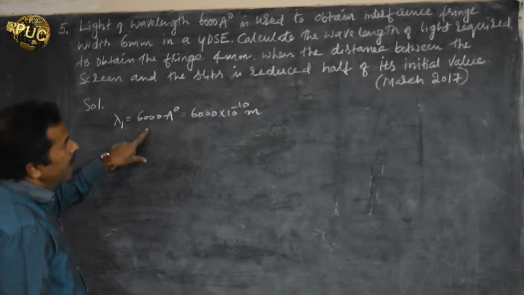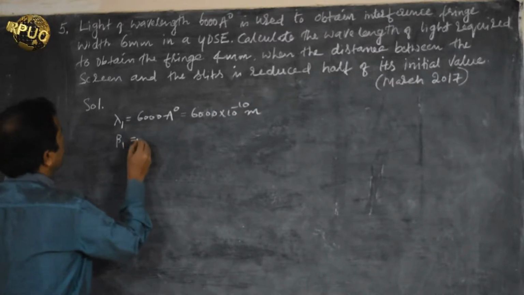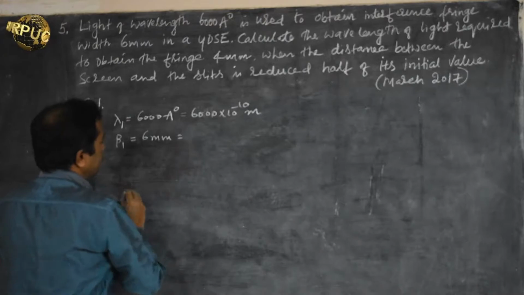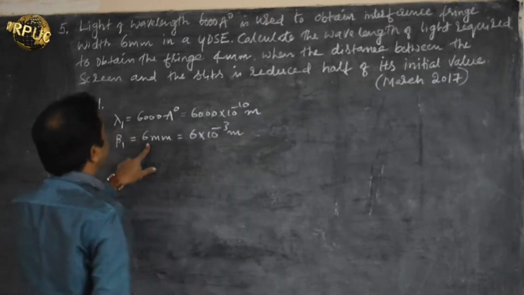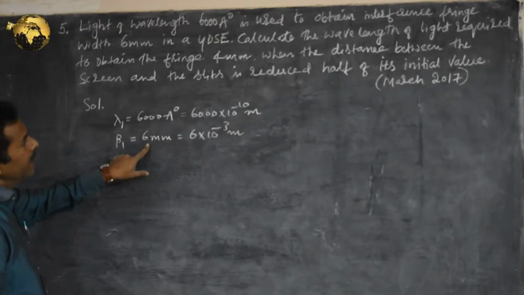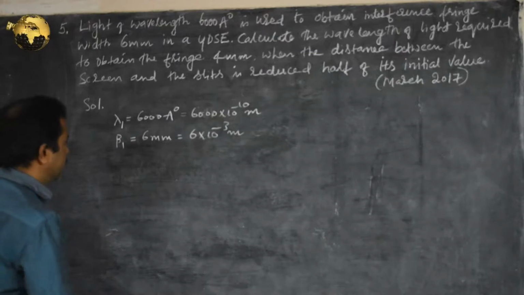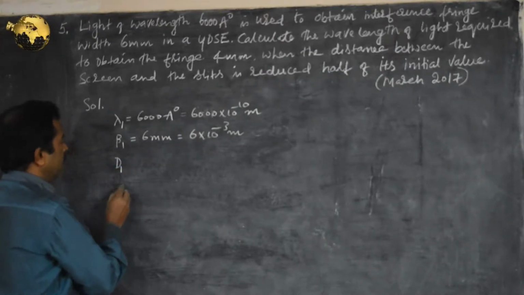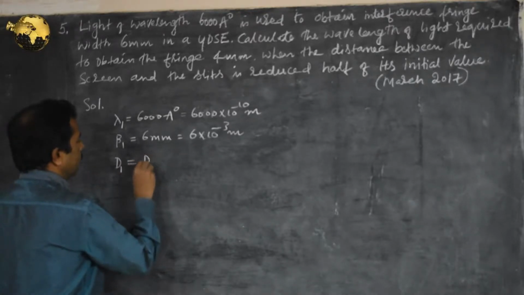The fringe width in this case, beta 1, is equal to 6 millimeter. So this is equal to 6 into 10 to the power minus 3 meter. In the first case, the distance between the slits and the screen is given as D.